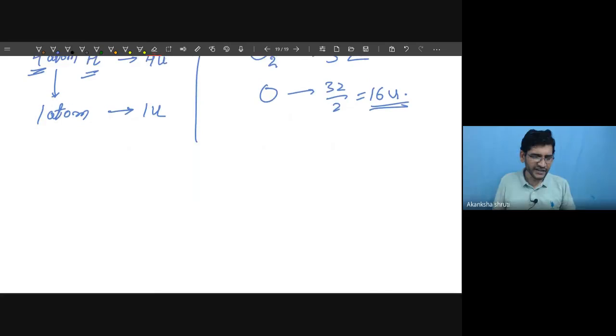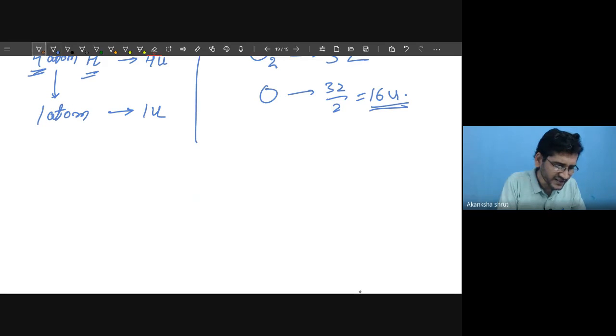So what is this atomic mass? Let us define that.